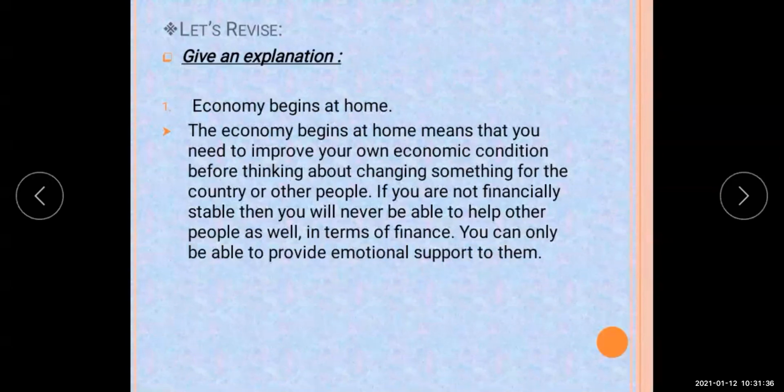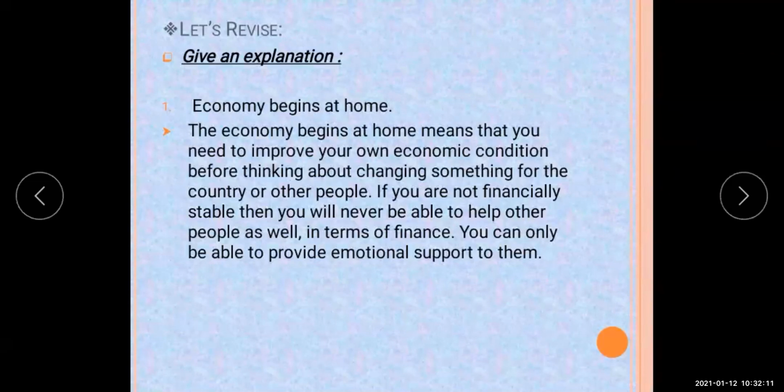That is why they have said that economy begins at home: first you improve your own economic condition, then you start changing something for the country or other people's lives, whose economy is very low. Students, you can take a screenshot of this question and note it down in your notebook.